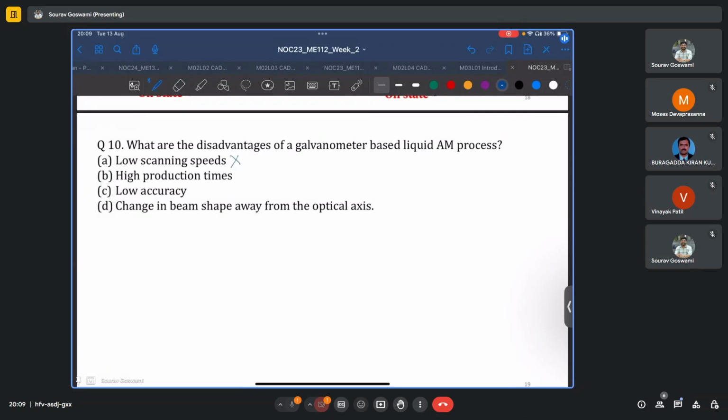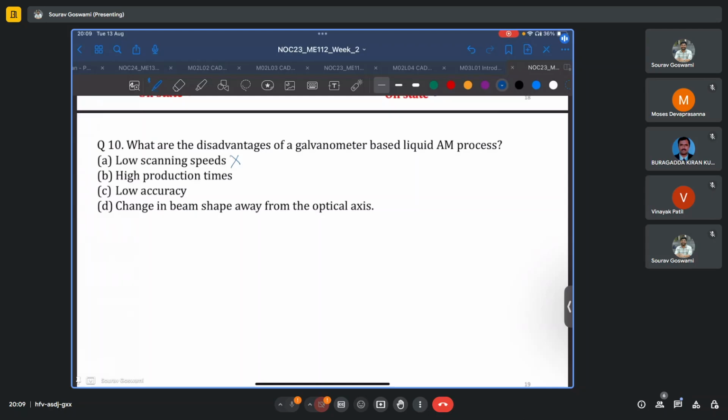Are the production times high compared to, say, an area illumination or a floodlight method, where we illuminate the entire area at once rather than scanning with a laser beam? The production times will be high because even though we can deflect and scan really quickly, we are still scanning it point by point.